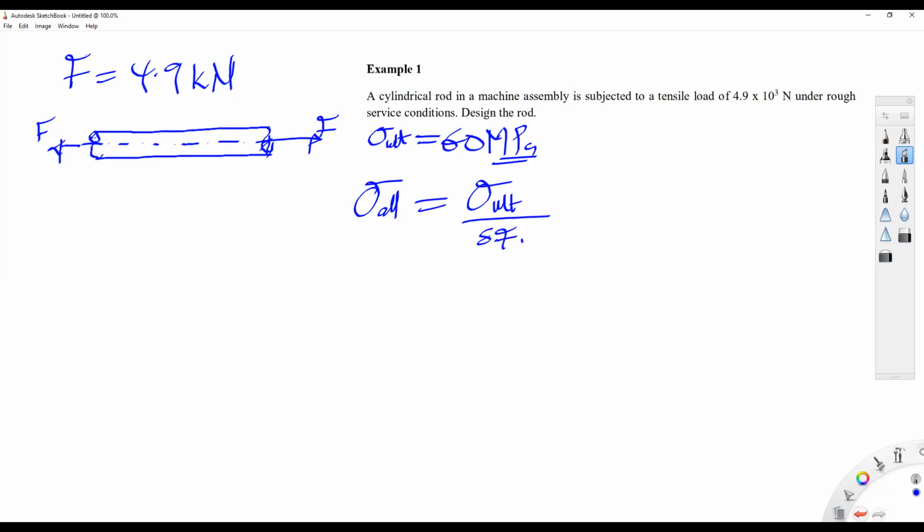And the SF in the material, we can decide based on the usage condition of that particular part, okay? So that is where this rough condition comes in, okay?